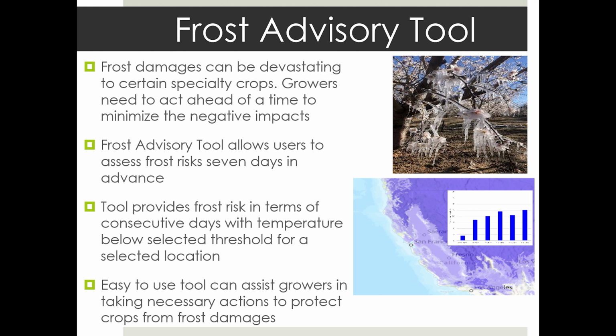It's using Google Maps, so you can put your actual address, and you can also put the threshold. So for example, if you want to know your frost risk for 26 degrees Fahrenheit, am I going to get next 7 days is going to be below that range, and for how many days? So that's even more important, because if you have your crop exposed to frost 1 day versus 4 days consecutive, that makes a big difference, right? And so this risk is based on that.